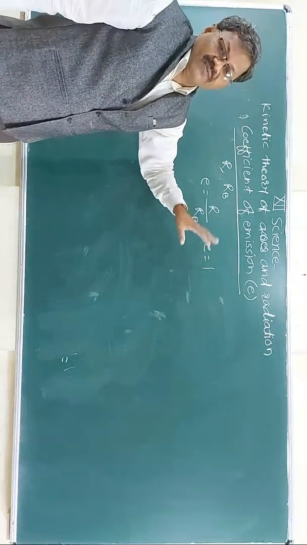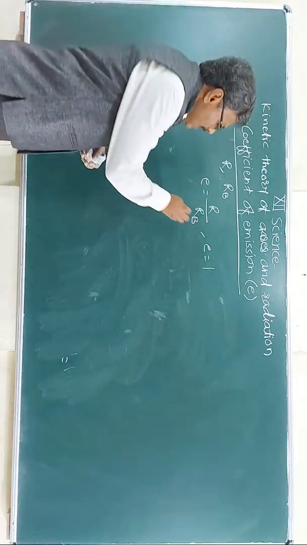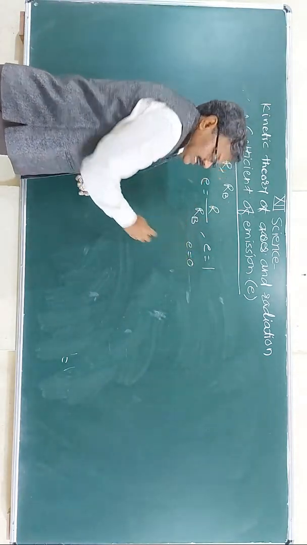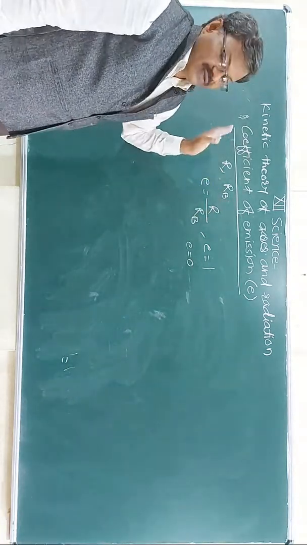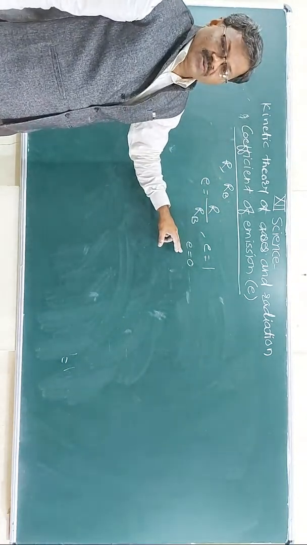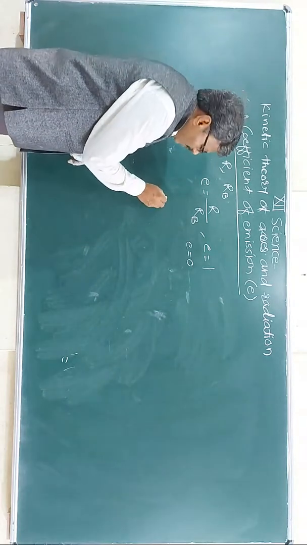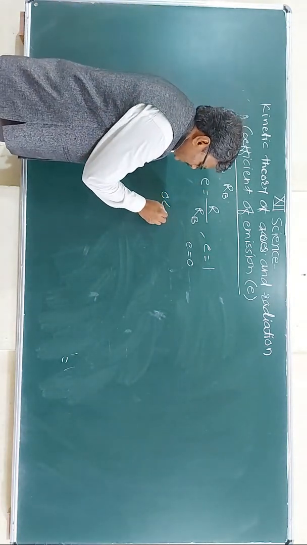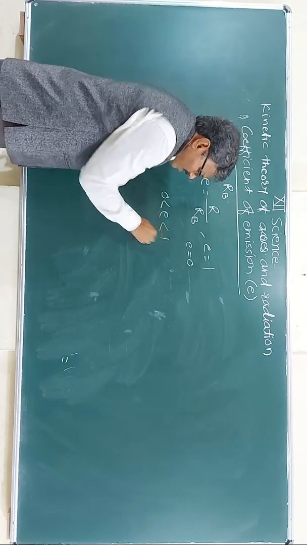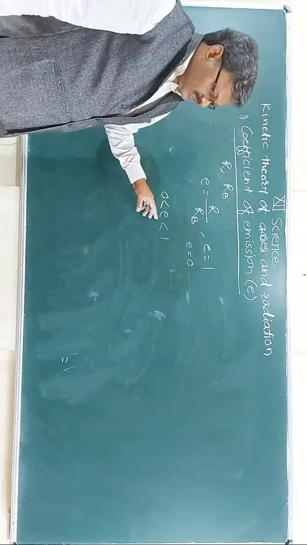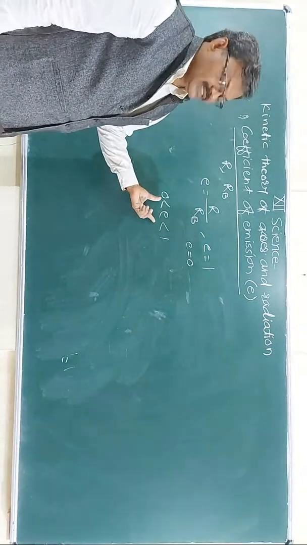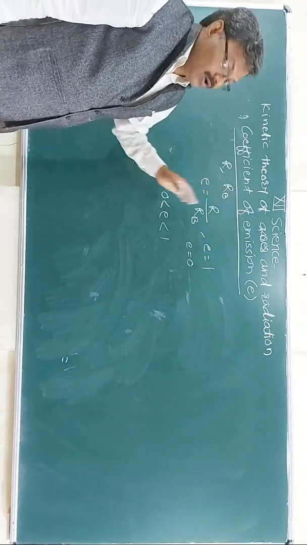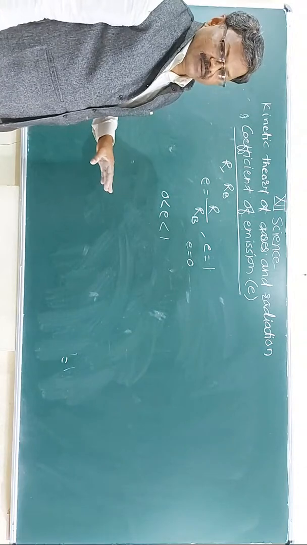E is 1 for a perfect black body, and for a perfect reflector E is equal to 0. For an ordinary body, it lies between 0 and 1: greater than 0 but less than 1.